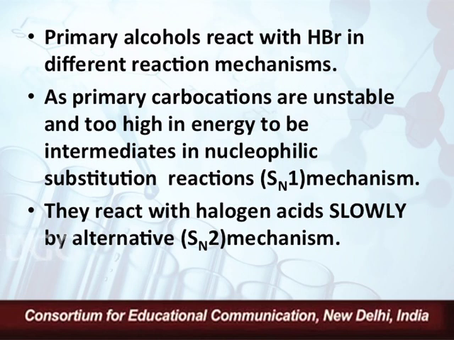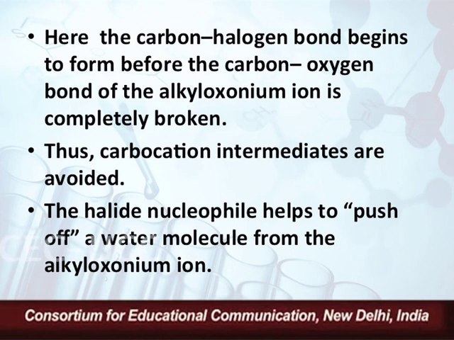They will react slowly by an alternative mechanism, which is an SN2 mechanism. So what happens during the course of reaction? Here in the first step, the protonation of the alcohol takes place. And in the second step, the difference arises.